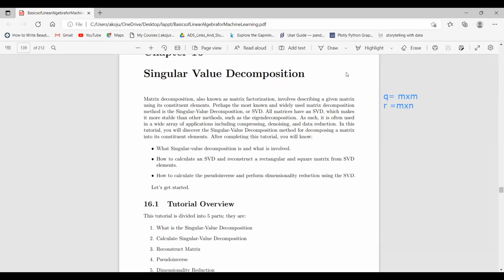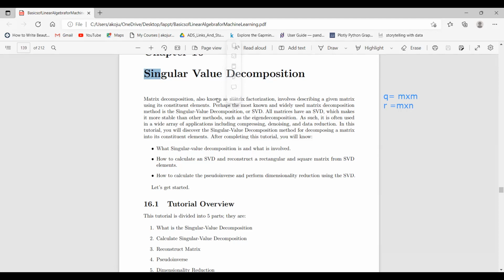So for dimensionality reduction, we use two methods, that is PCA and singular value decomposition. As we have discussed what decomposition is, everybody knows that now. Here we will see what a singular value is.